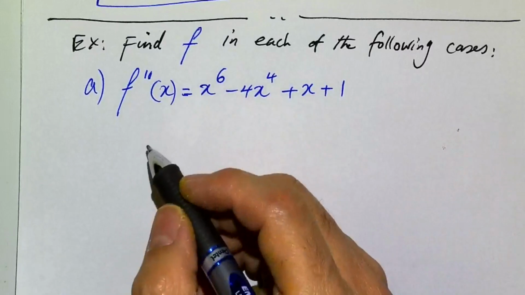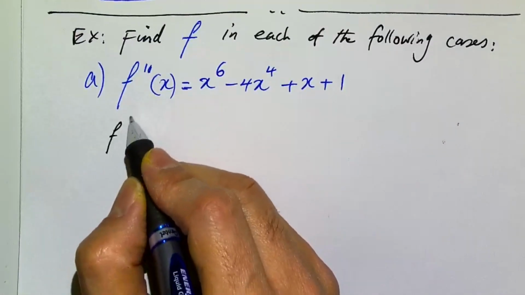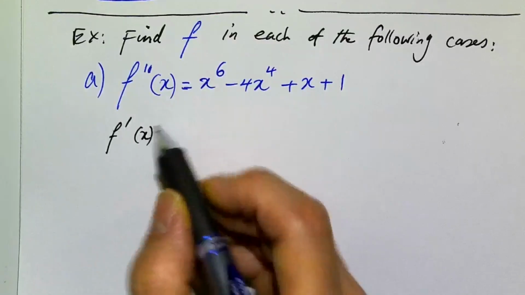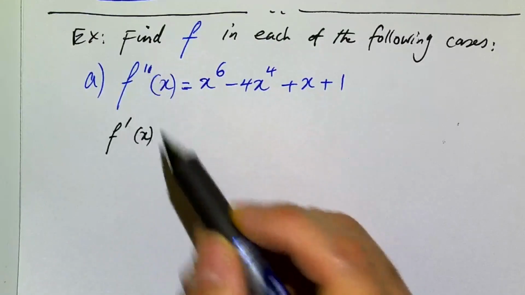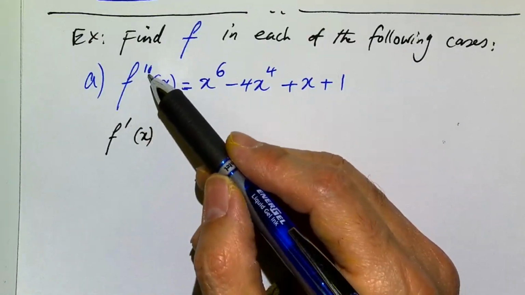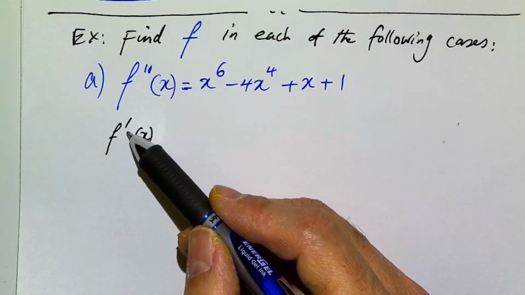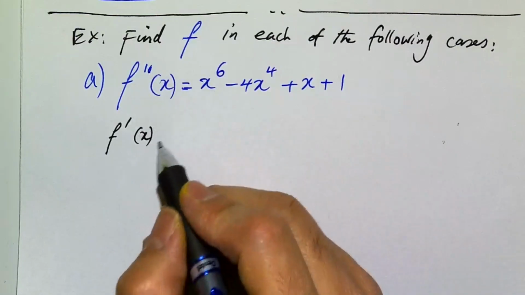Okay, so let's do that. So we have f prime of x. Since that's what they give us, I'm just going to go from there. So f prime would be the antiderivative of f double prime, and then f would be the antiderivative of f prime.